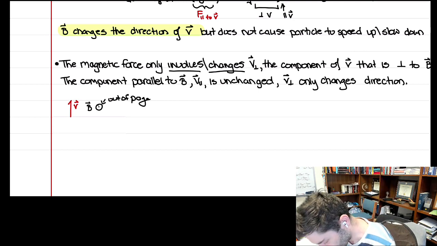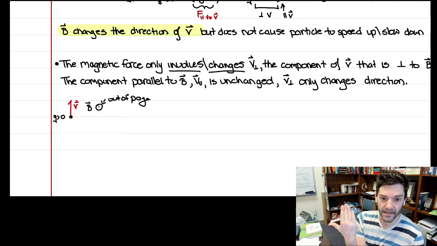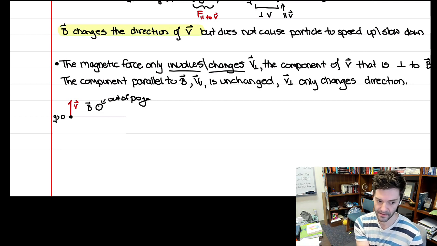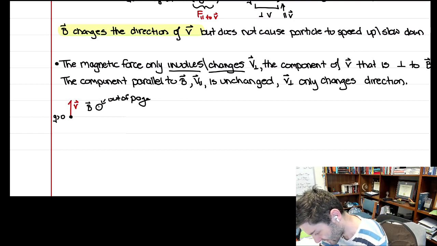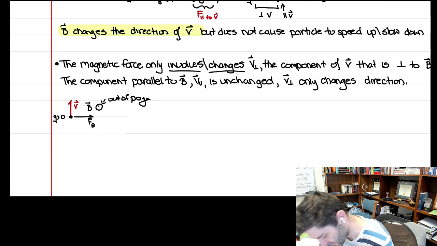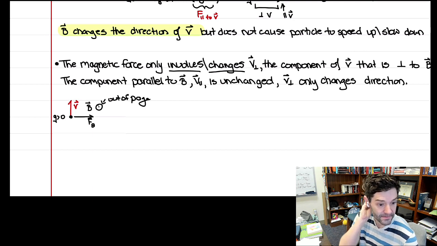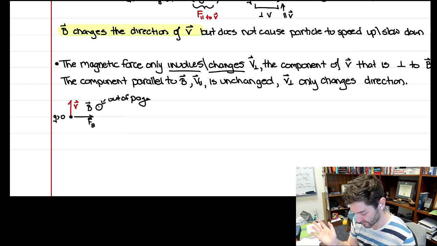We're going to take this acting on a positive charge, because I can always change the sign if I want to, but let's make our life simple. So if I point my fingers up along v and then curl them to point towards B, I'm reflected in the screen, but to me my thumb is pointing to the right. So the force vector for the magnetic field points to the right. And since v and B are at 90 degrees from one another, the magnitude in this case is, of course, maximized.